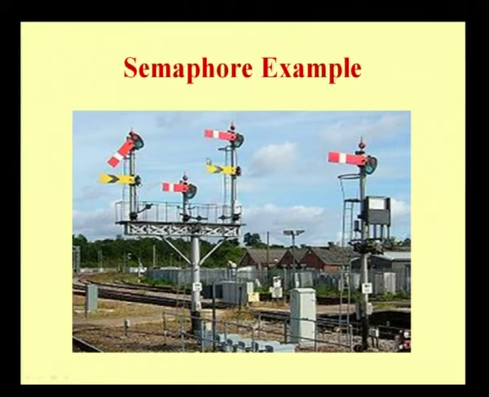So that is what a horizontal hand signal means. This is an example of multiple semaphores, wherein one train could pass on the first track, and at the same time a second train could pass on the second track, a third train on the third track, and so on.